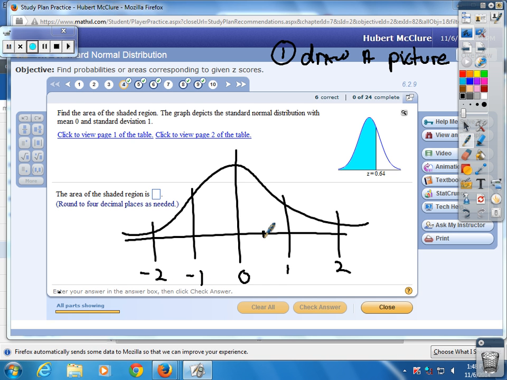So 0.6 would be right in here. Now, of course, you don't have to be immaculate. It doesn't have to be very detailed. And they want to find the area to the what? To the left of it. And that's assumed to just keep on going.